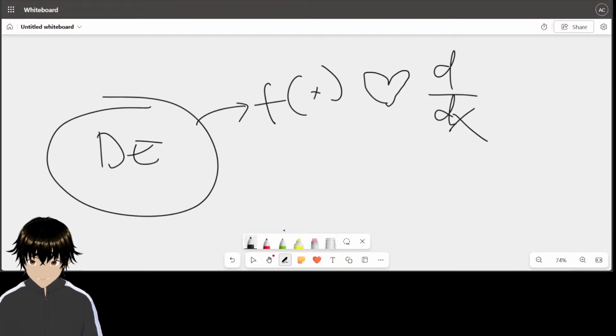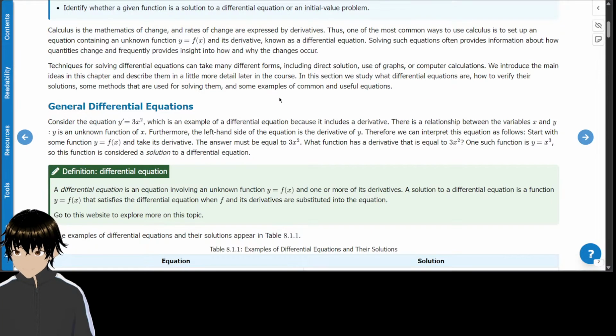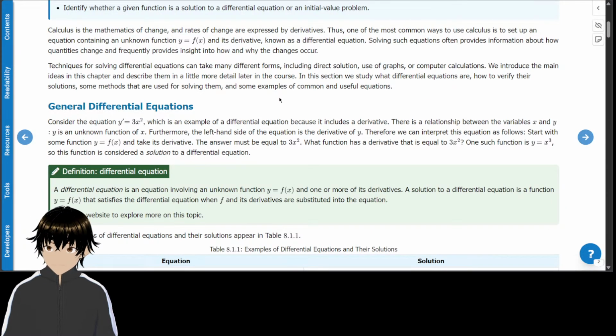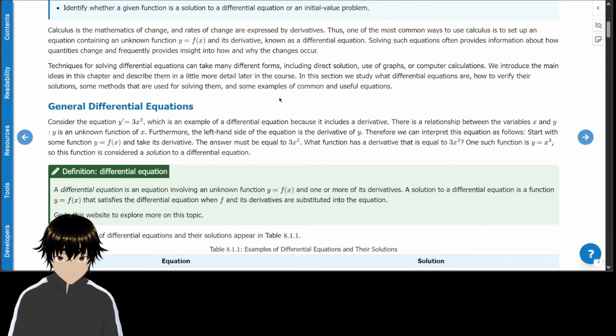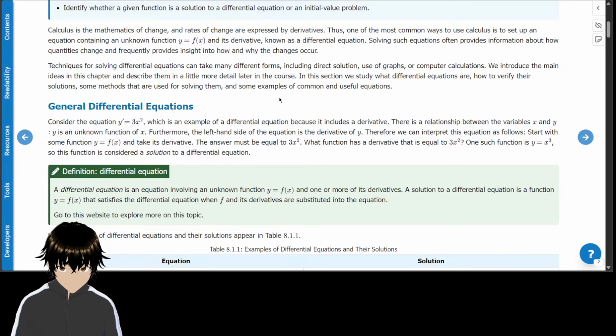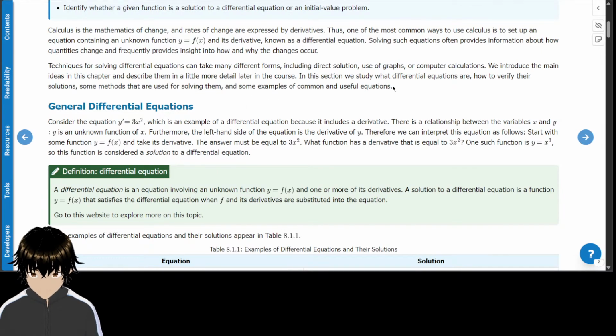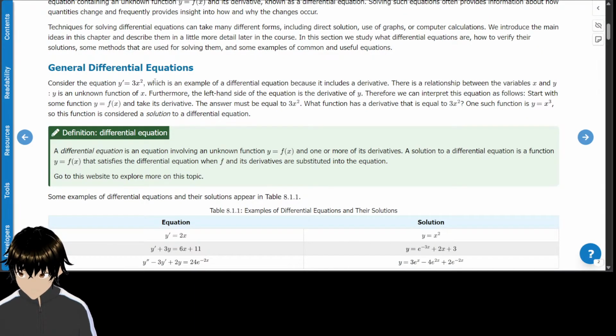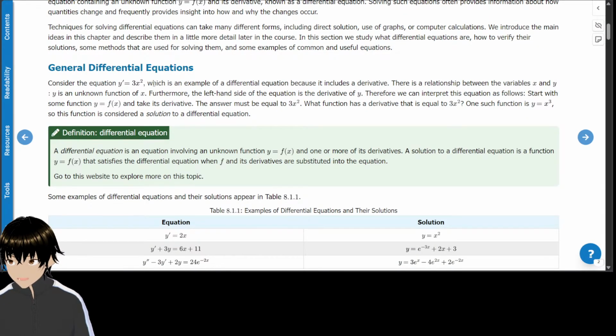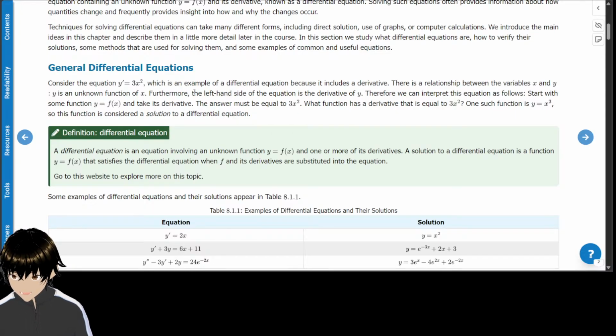They're basically just that. Functions meet derivative. Y prime equals 3x squared.